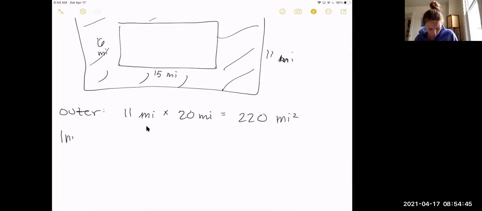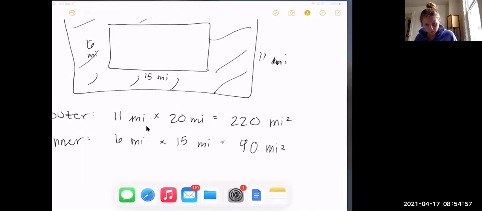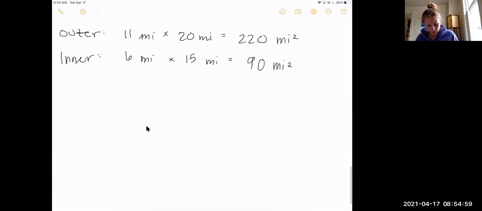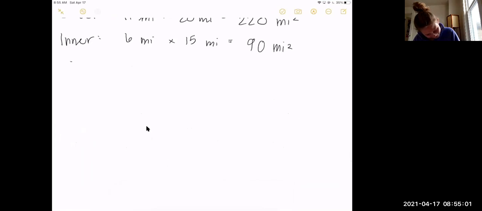Then we have the inner, which is 6 miles times 15 miles, and this will give us 90. Then we'll do the same subtraction.